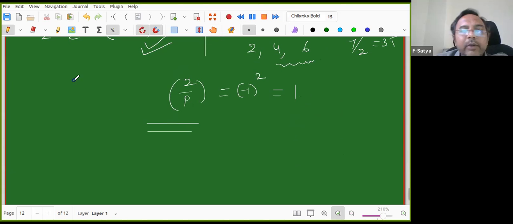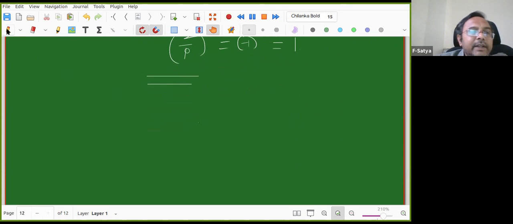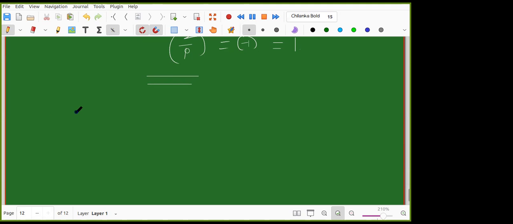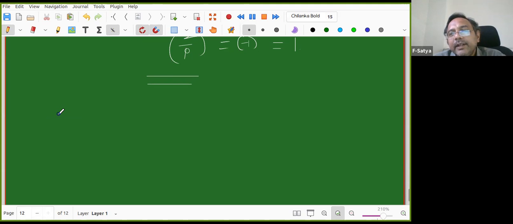So I'll give one more example, so that those people who ticked without understanding can understand now. Can you give me one odd prime which you like, a small one? 3. 3 is very simple here.